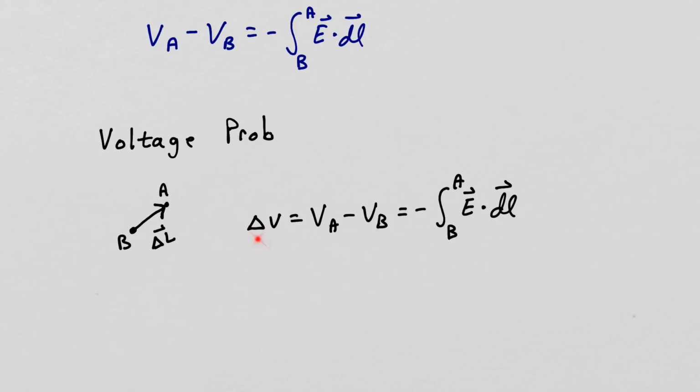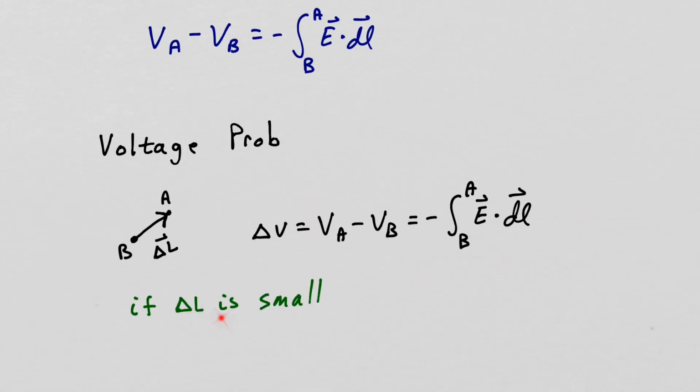The relationship between the reading on the voltage probe and the electric field intensity is given by this equation. If delta L is small, we can assume that the electric field intensity does not vary over the range of our integration.